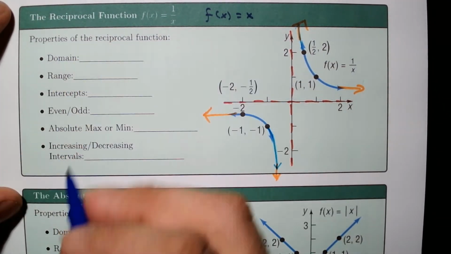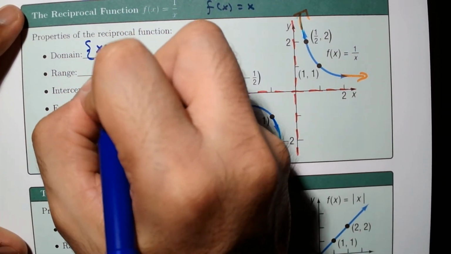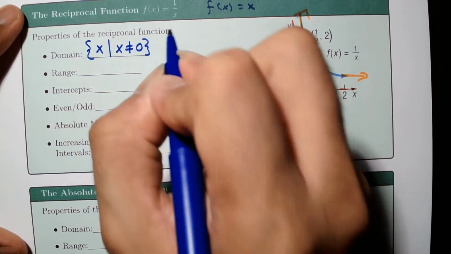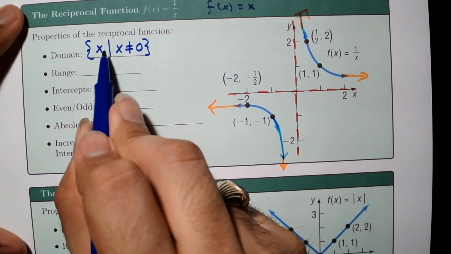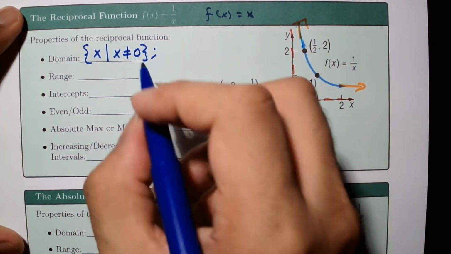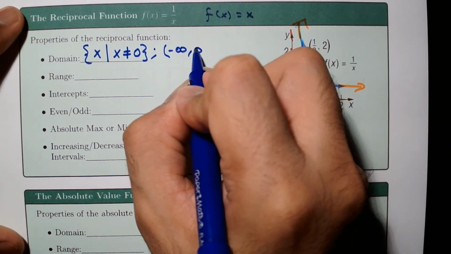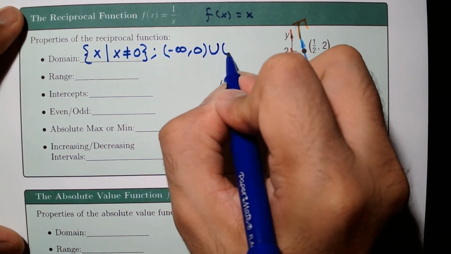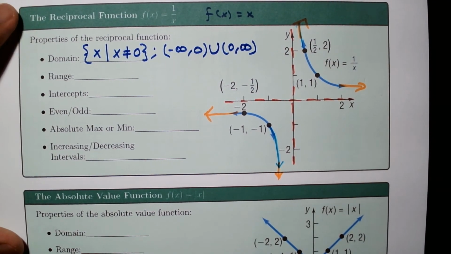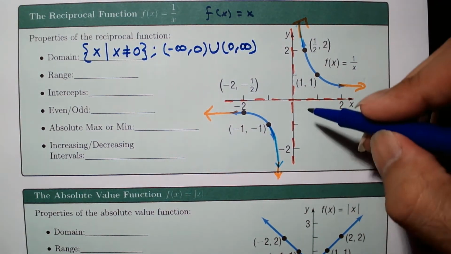So the domain, using set notation, is x such that x is not equal to 0. We're saying here that x can take any value except x equals 0. How do we express that using interval notation? Negative infinity to 0, and then with the union symbol, 0 to positive infinity. For the range, if you scan the graph from bottom to top, you will find the same thing.